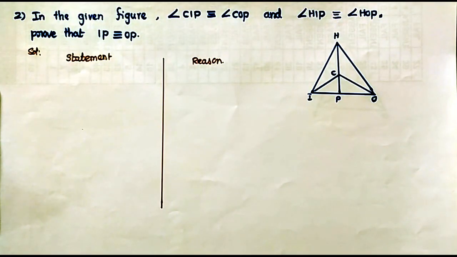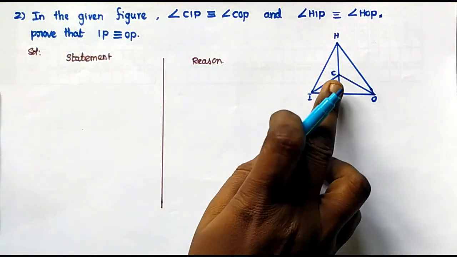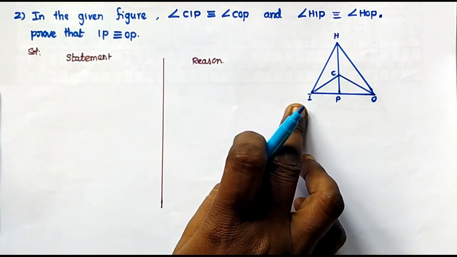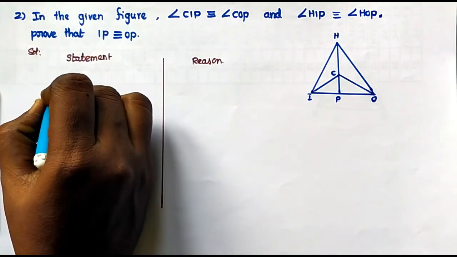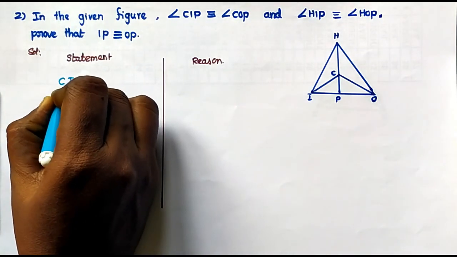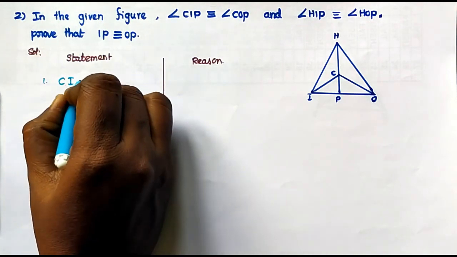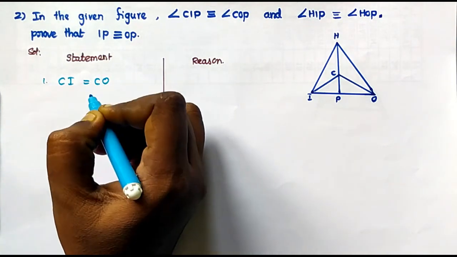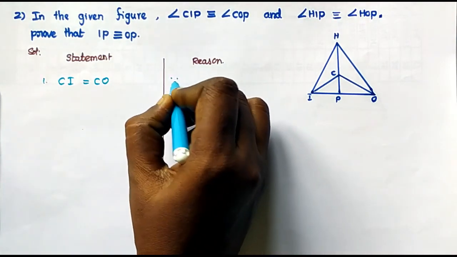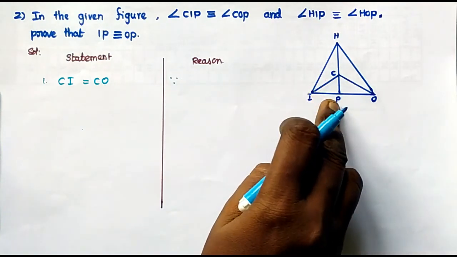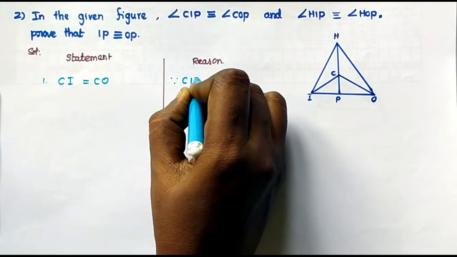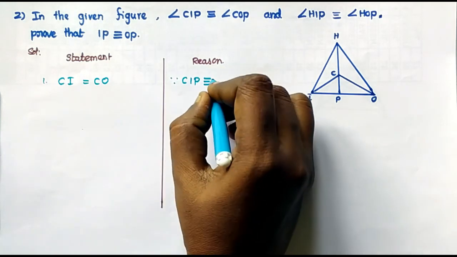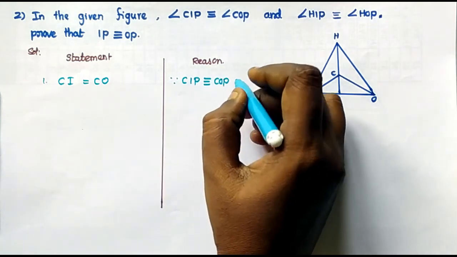First one, CI is equal to CO, since CIP is congruent to COP.